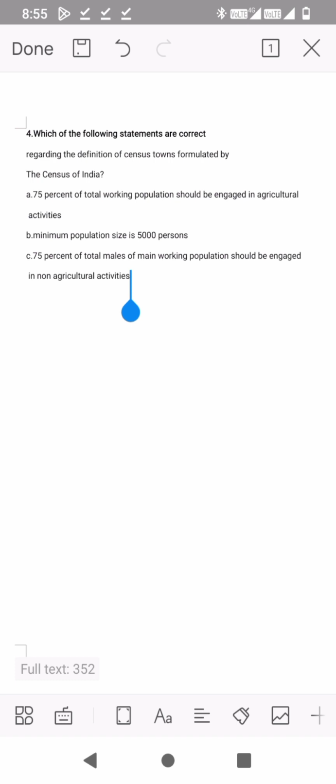C, 75% of the total males of main working population should be engaged in non-agricultural activities. So in this question, both second and third options are correct. That is, minimum population size should be 5,000 persons and 75% of the total males of main working population should be engaged in non-agricultural activities.